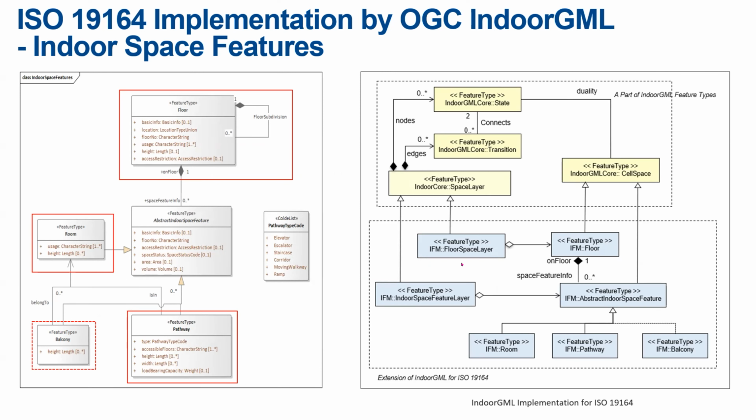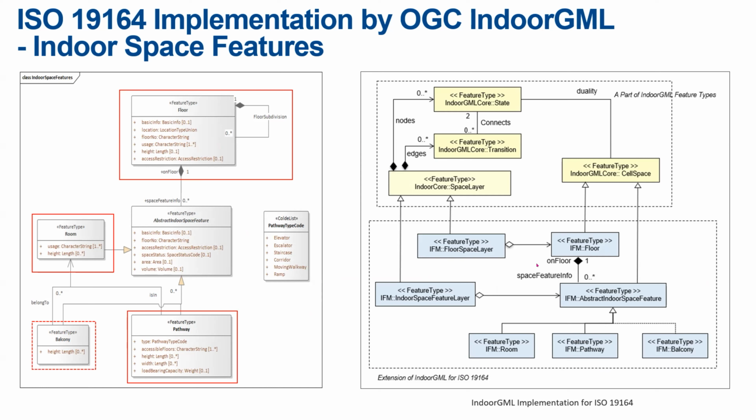The right side is a mapping to implement this abstract space model using IndoorGML. For example, we define a floor. The bottom part of this data model is an extension of IndoorGML to implement ISO 19164.